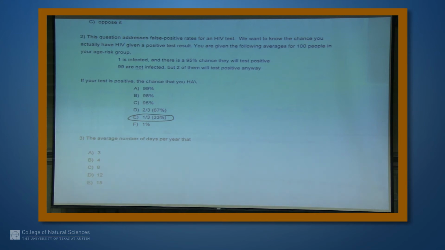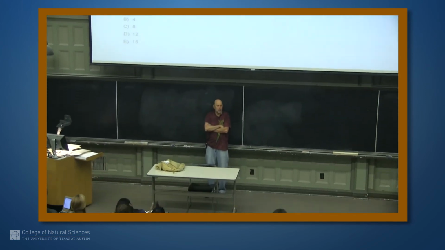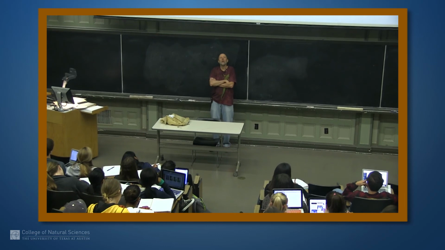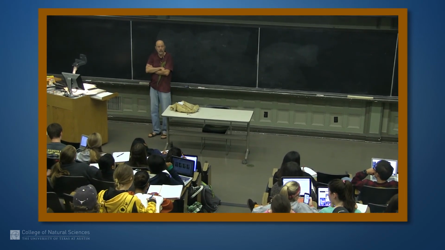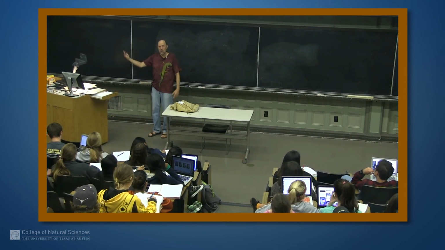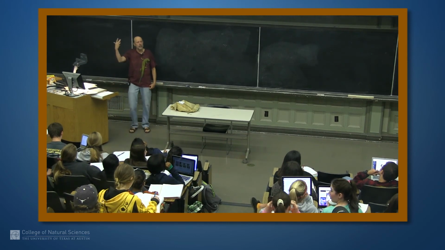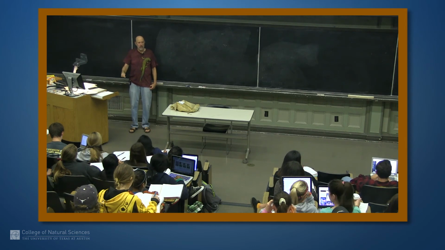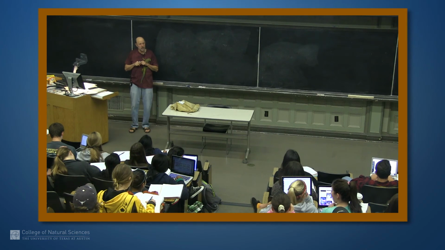The issue, and the way you can sort this out in your head, is the following. Suppose no one in your risk group was infected. You get a positive result back, you know it doesn't indicate that you're infected. So the problem here is you have overwhelming numbers of people that are not infected, who should not test positive, but even if you have a low error rate for the test, that means that several individuals are going to come back with positive results.